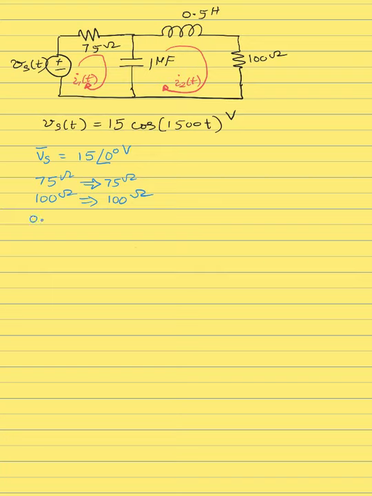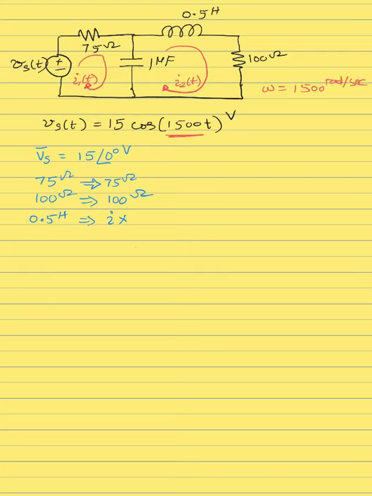The 0.5 henry inductor is going to be changed to j omega L, and again we need to see what omega is. So omega for this whole circuit is 1500 radians per second.